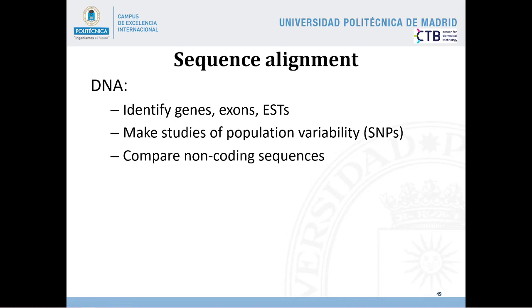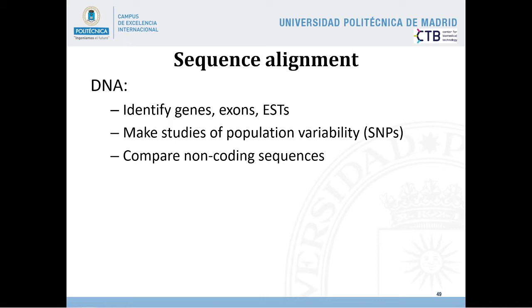In the case of DNA, we make alignments to identify genes. If we, for example, have a very long chain of DNA from whatever environment, and we want to see which genes we have in that sequence, we will align it to other sequences in different databases to search if we have correspondences between other genes in the same species or in other species.